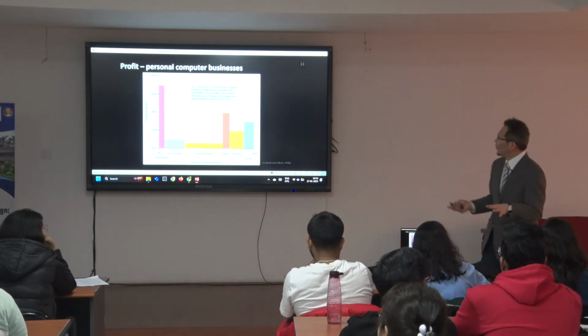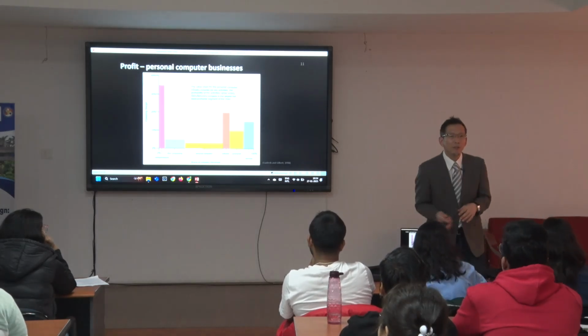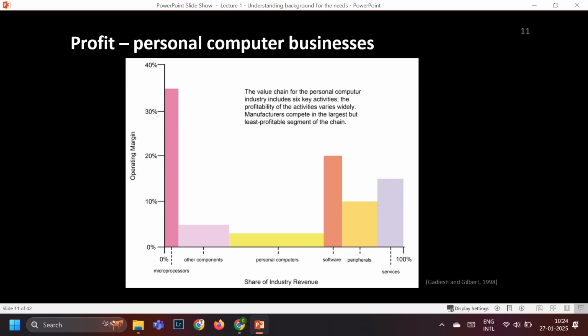And then looking into when services take place, I think this is quite familiar to everyone. This is very old graph taken from 1998 from Harvard Business Review. This graph shows the profit margin from each phase along the value chain of typical products. This graph is made particularly for personal computers.